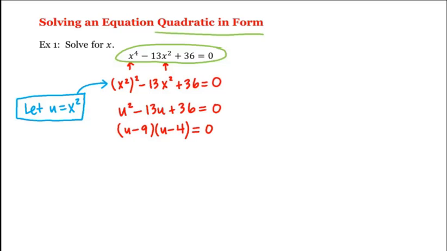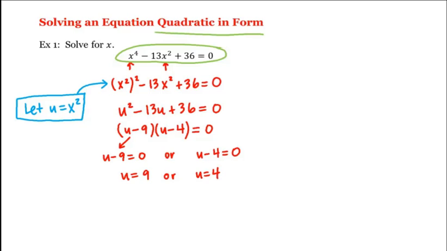Now we have a product of factors equal to 0, which means the first factor, u minus 9, is equal to 0, or the second factor is 0. Which means u is equal to 9, or u is equal to 4.